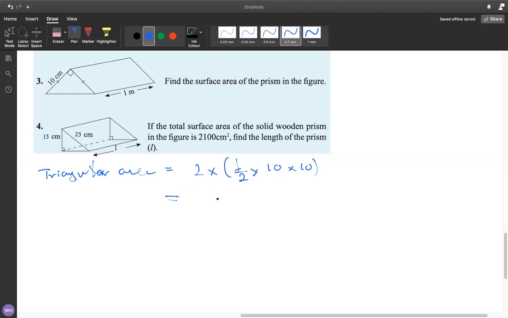So altogether this is 2 into 5 into 10, which is 50, and altogether again 100 square centimeters.